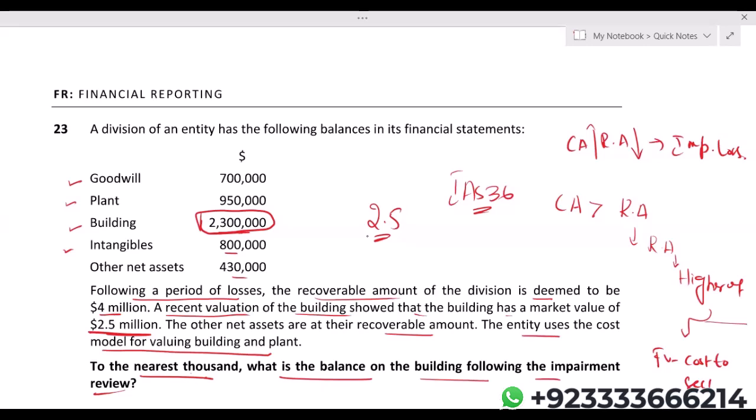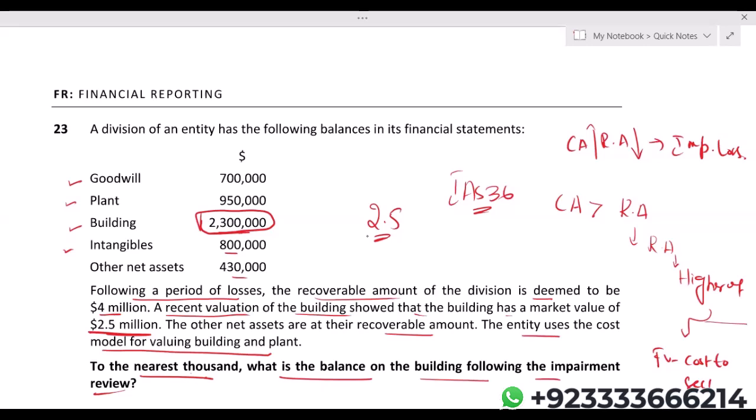If there is no such information, then number one is goodwill, and number two, all other assets on a pro rata basis which fall in the scope of IAS 36. But when you start allocating the impairment loss, make sure you cannot bring down the value of an asset lower than the recoverable amount.